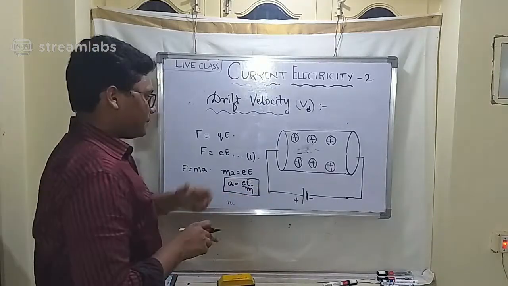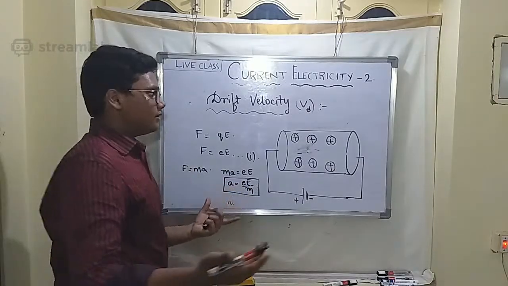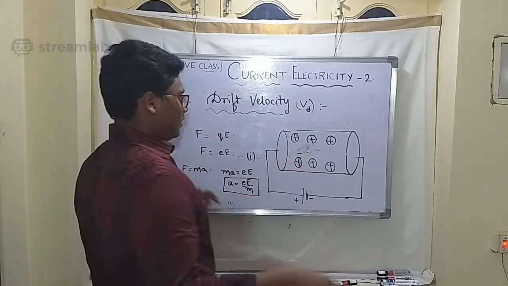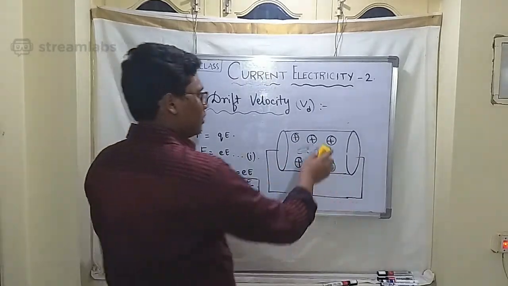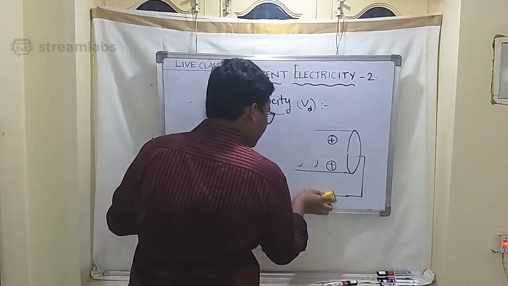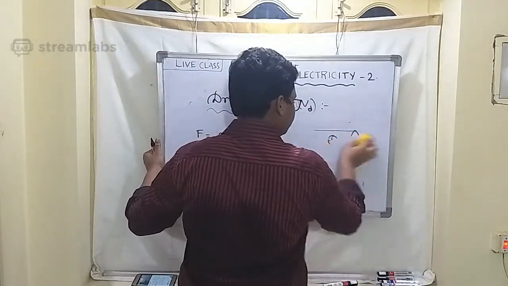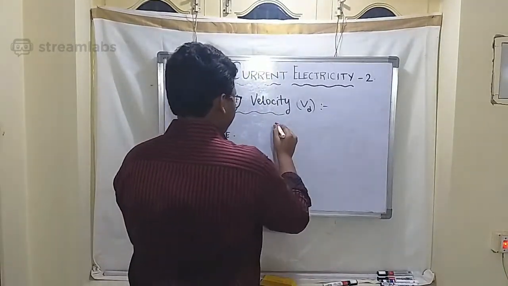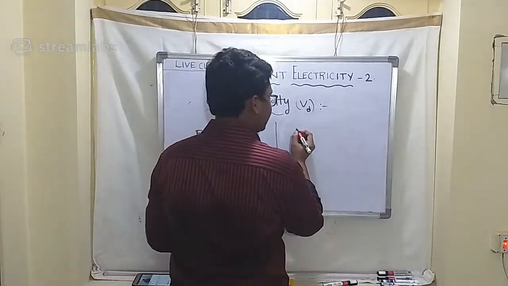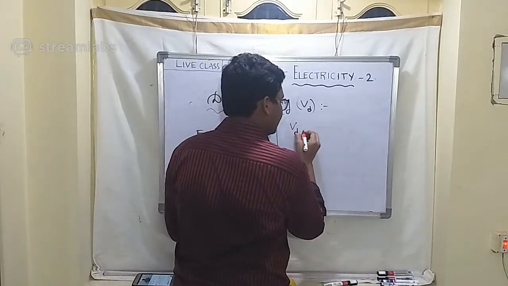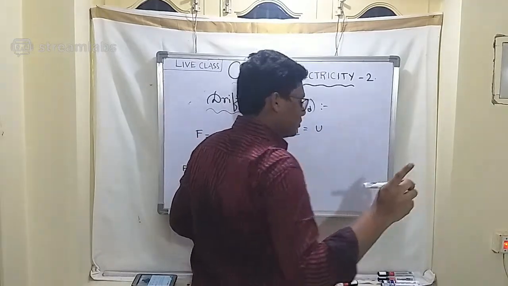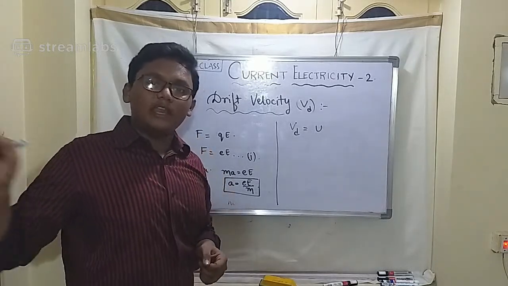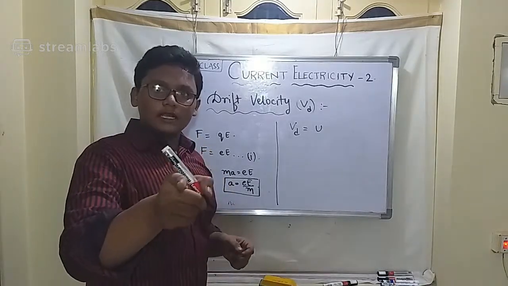Okay, and then we need the drift velocity. Is this clear? If you didn't understand, pause the video and watch the video again. See, a is equal to eE by m, and we got Vd is equal to u, which is (u1 plus u2 plus u3, and so on up to un) by n, which is equal to 0, the average resultant.